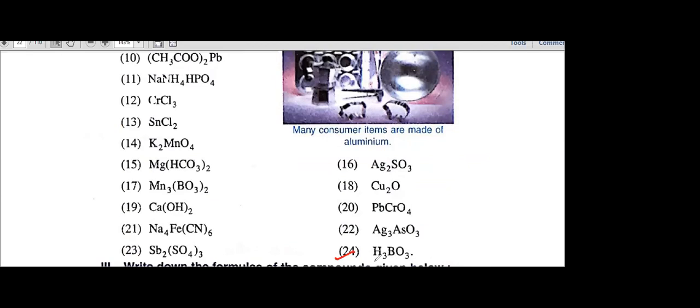Sir, H3 is cation. Hydrogen is cation, H plus. So the valency is 1 and it is 3. So what is BO3? What is the name of BO3? Anyone? Sir, can I?